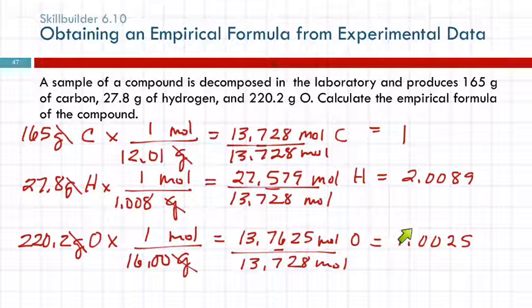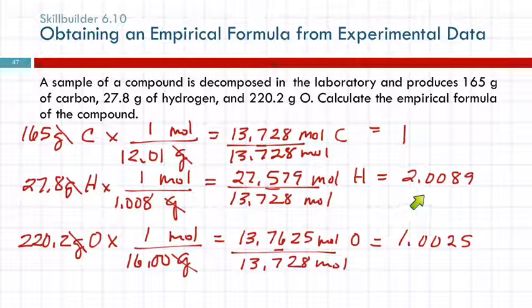We need to be careful when we round to whole numbers that we don't get ahead of ourselves. These are very close to the whole number, 2.0089. My rule of thumb is it's got to be less than 0.2 away. So if it's 2.1, you can round it. If it's 2.2, don't round it.